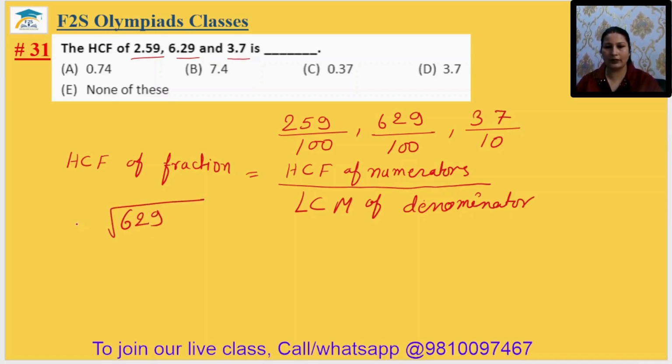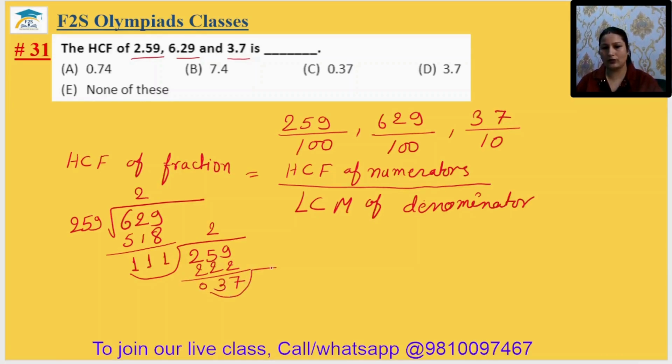629 divided by 259. 259 ones are 259, and 259 multiplied by 2 gives 518. So 2s are 518. 9 minus 8, 1. 2 minus 1, 1. 6 minus 5, 1. Now 111 will divide 259. 2 times 111 is 222. 9 minus 2, 7. 5 minus 2, 3.